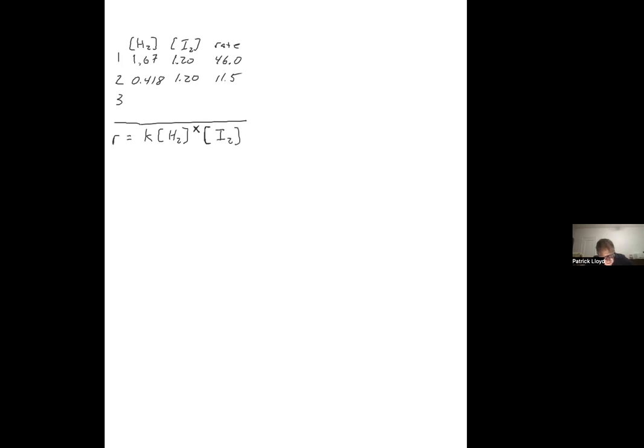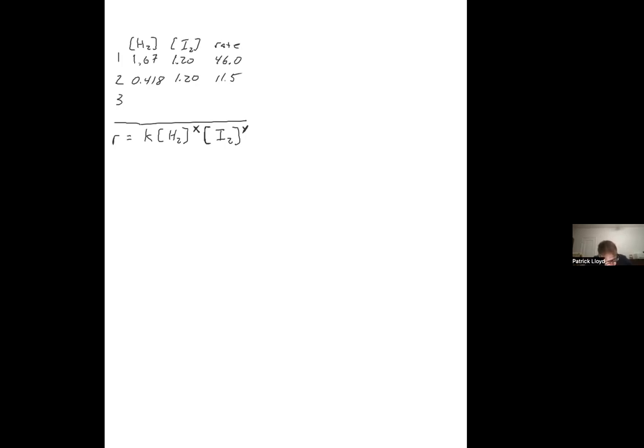And then again, the exponent is a Y. So really our task in the first part of this problem is to figure out what the values of X and Y are. In general, X and Y are either 0, 1, or 2. Most commonly, it's a 1 or a 2. There are other possible values they can be, but for now, we're just going to leave it at the possibilities of 0, 1, or 2. Okay? So that's in general true for the rate law for this reaction.